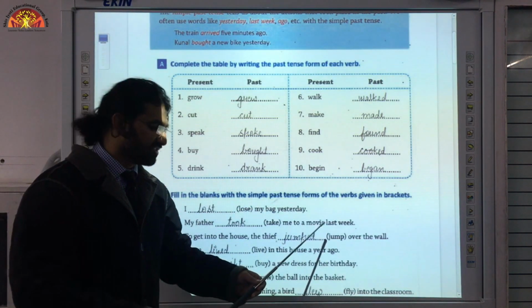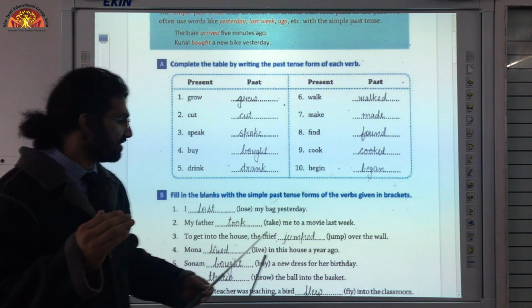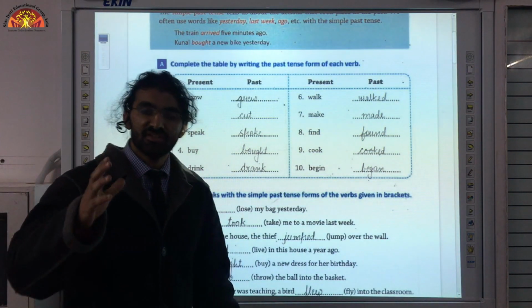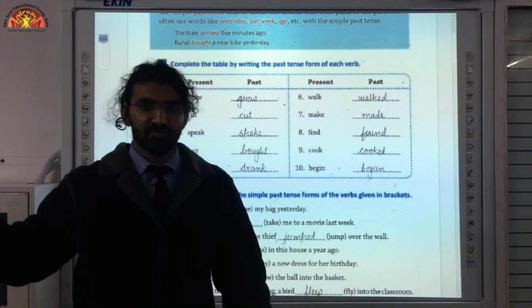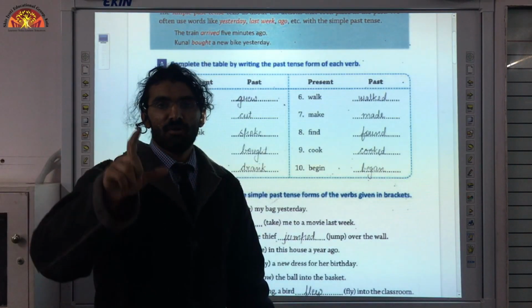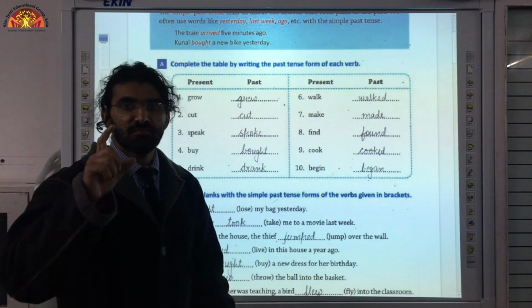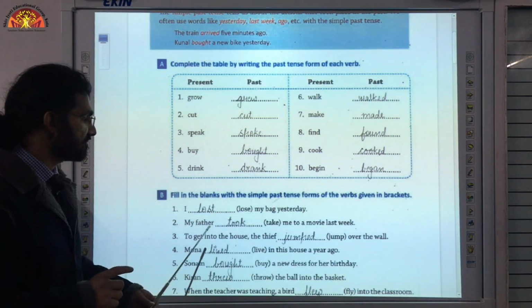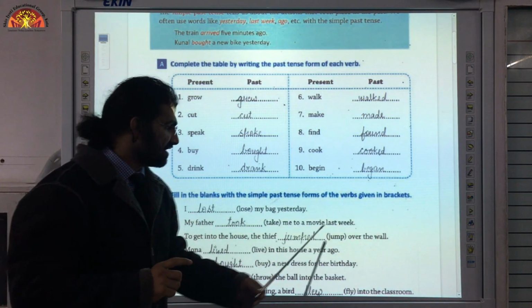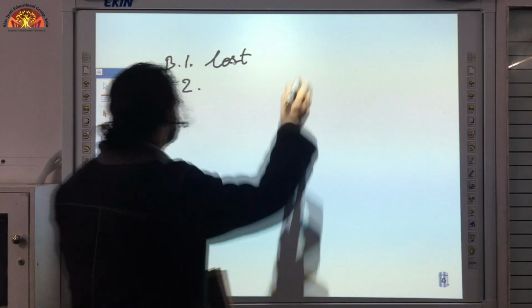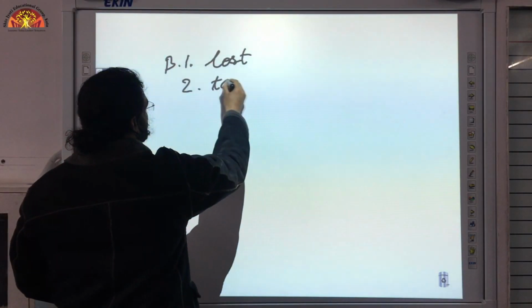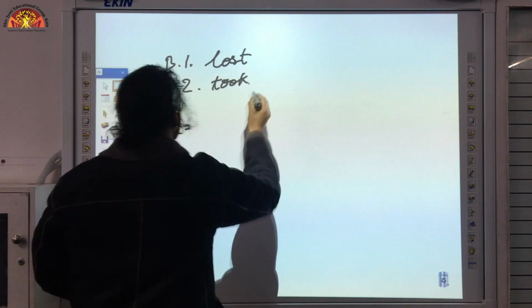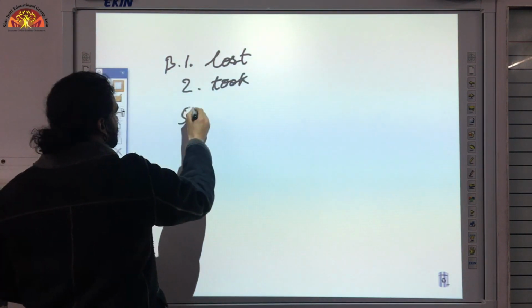See the second one, my father dash me to a movie last week. When did this event happen? When did this action take place? It happened last week. So for obvious reasons we are going to use the past tense form of the verb here, and that will be took. My father took me to a movie last week, because it's an event of the past.